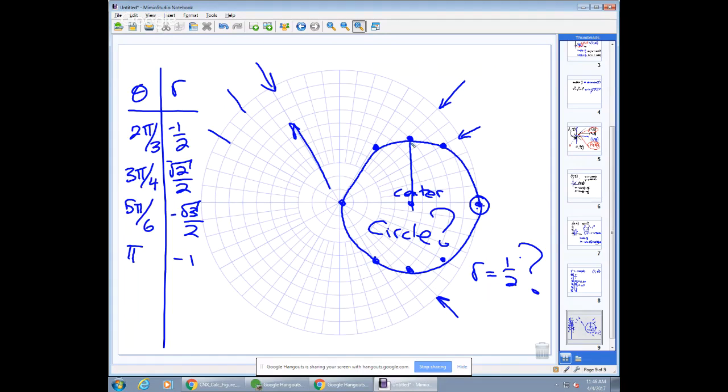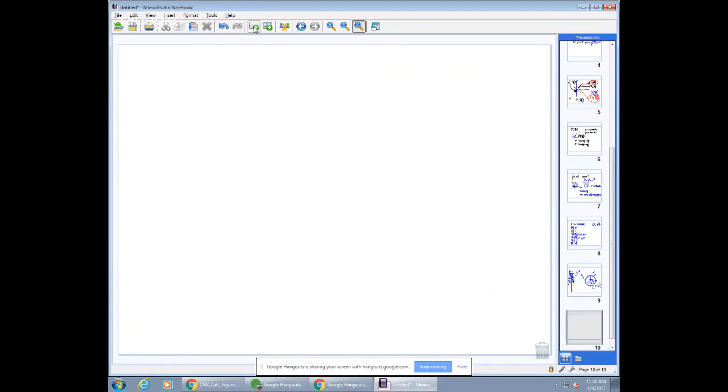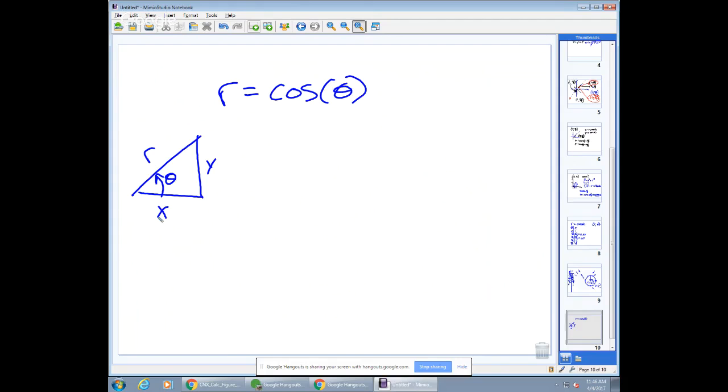It may be. Let's think about this for a second. What was the equation we started with? R equals the cosine of theta. Can we get rid of R and theta here? Turns out we can. Think back to our basic triangle. If that's R and this is theta, this is Y and that is X, true?